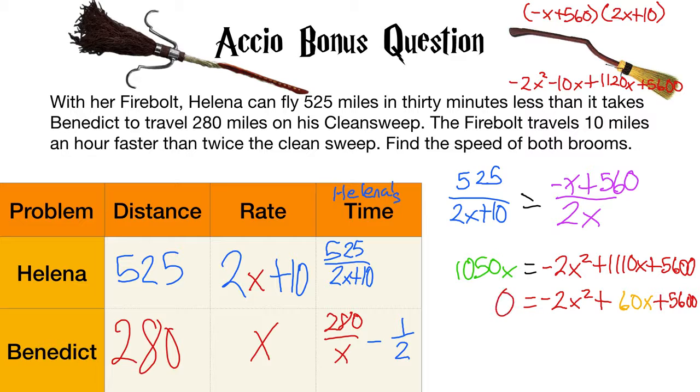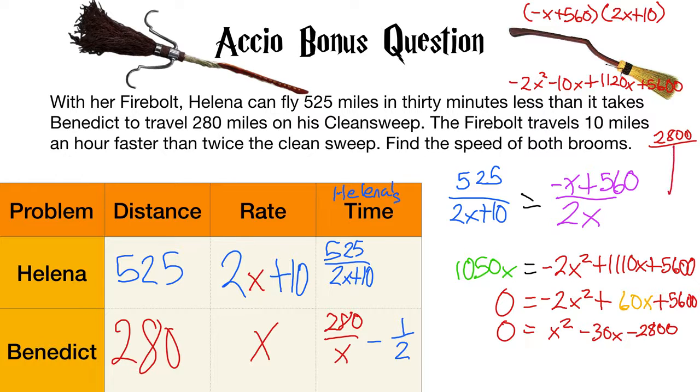And that's going to equal 0, at which point I divide everything by -2. 0 equals x squared minus 30x minus 2,800. At which point I need to figure out what two numbers multiply to be 2,800.